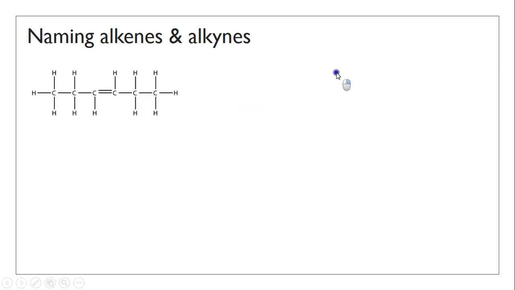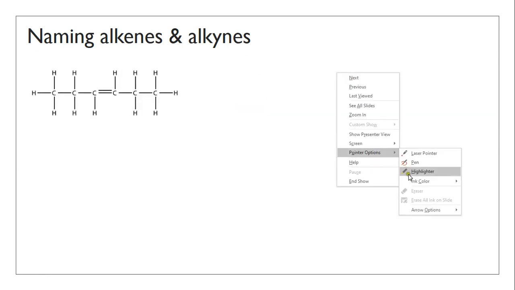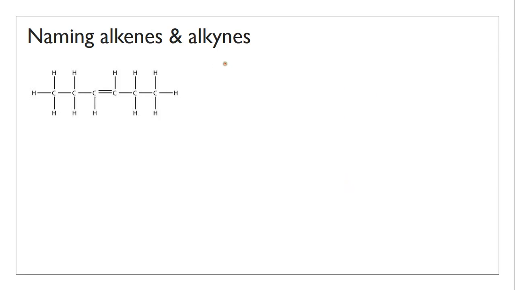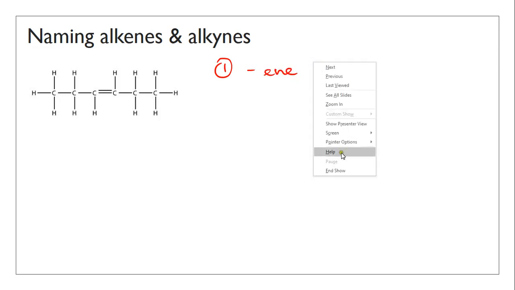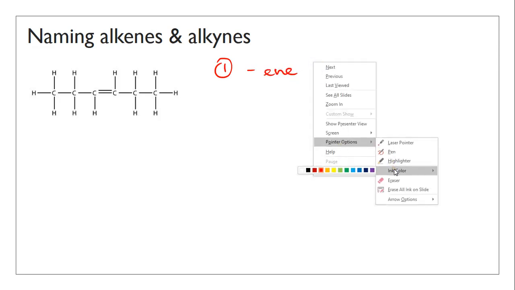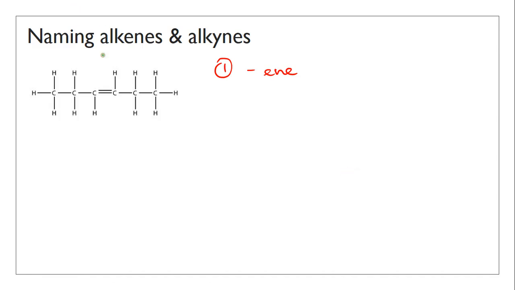I think this is the last one. Okay, so once again, it's a hydrocarbon that contains 1 carbon-carbon double bond, so this is an alkene. And then we're going to look at the stem. Okay, 1, 2, 3, 4, 5, 6. So 6 carbons, which is hex.